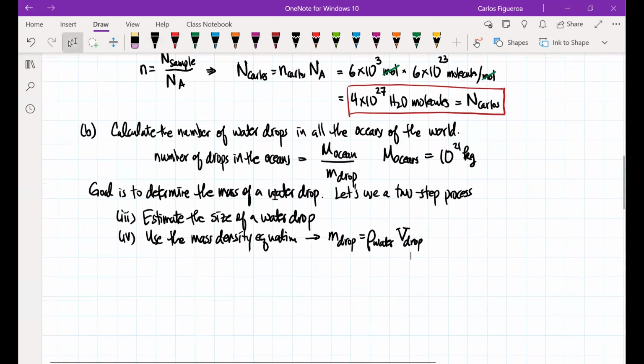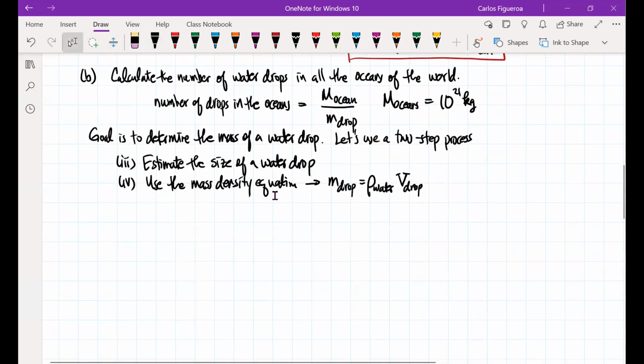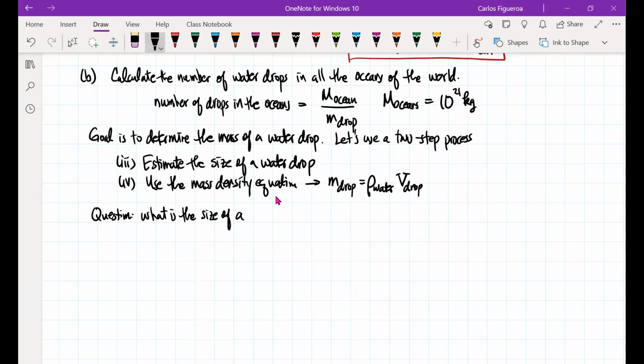So the first thing we have to do is ask, what is the size of a water drop? You want to make it easy. This is a guess.